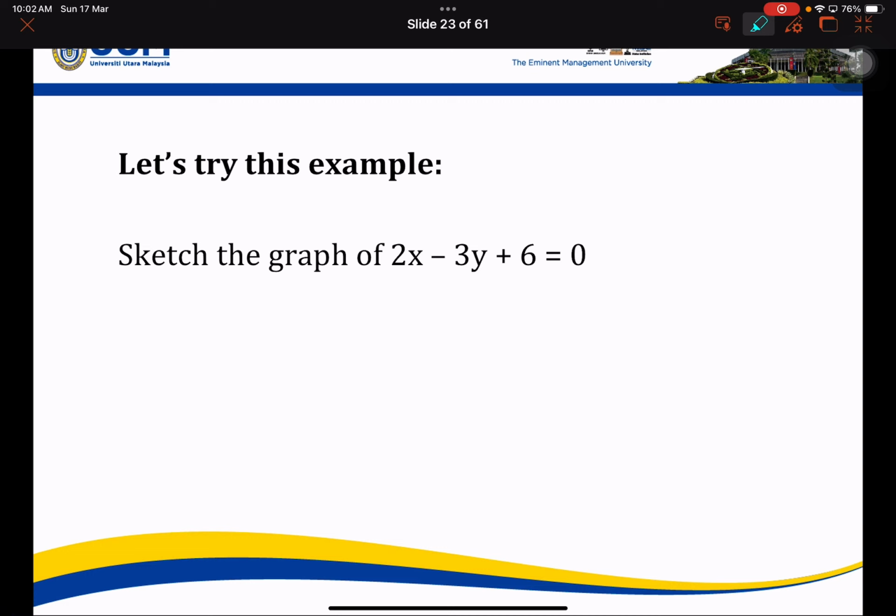Yes, I need a straight line. You can just do the one.